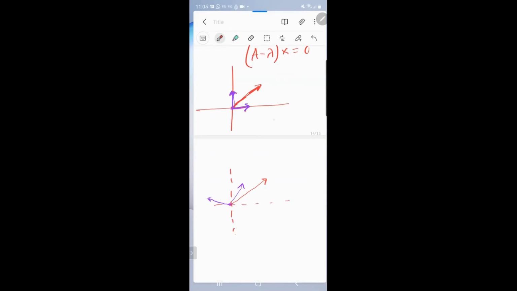So I did some transformation. I don't know what transformation, but some sort of pushing, pulling, stretching, whatever. And this is what I ended up with. My initial axes all got shifted, but somehow this one vector stayed in position. All other vectors got moved, but this one stayed.